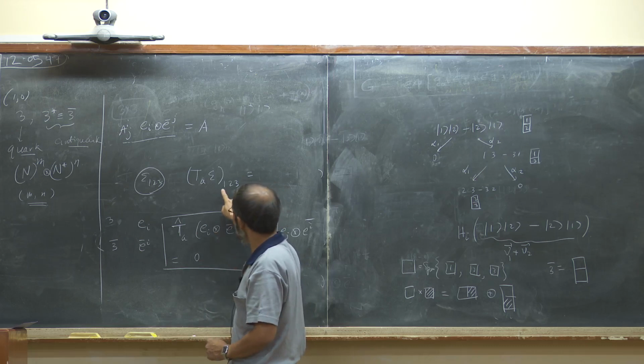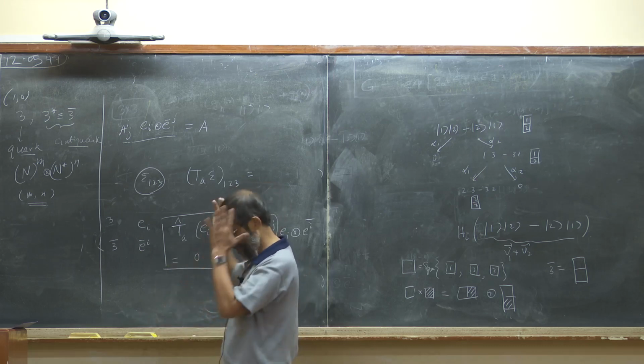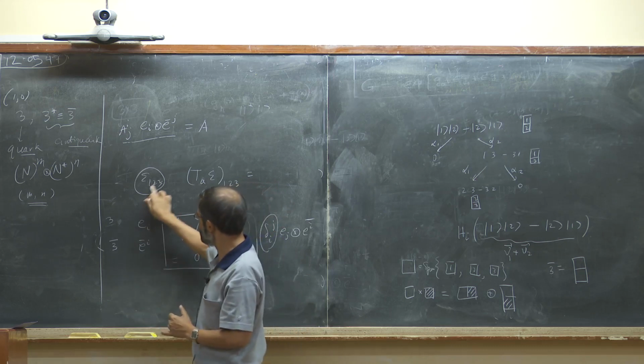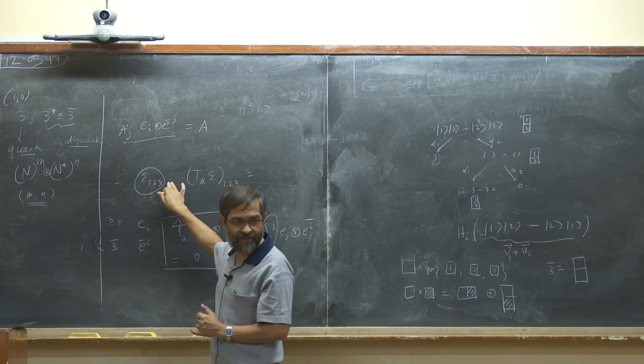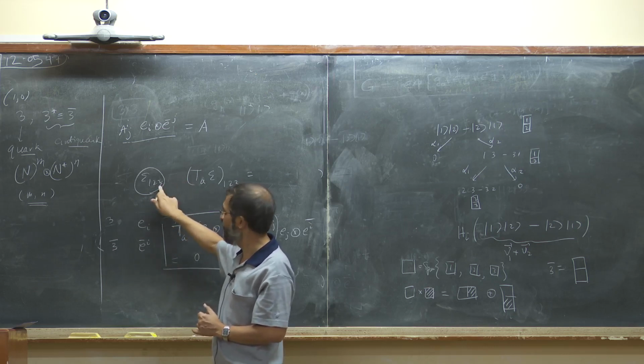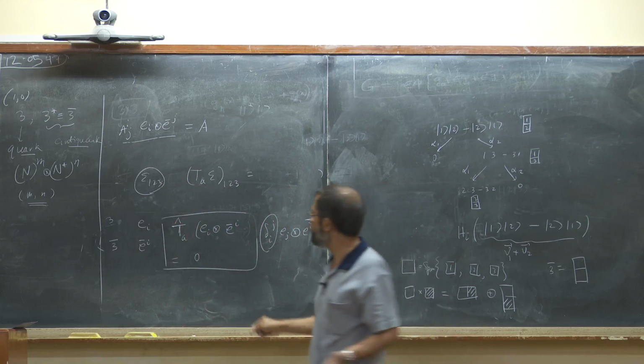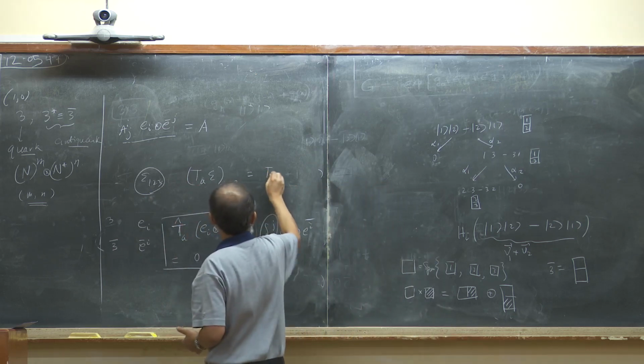I will apply the Leibniz rule to the indices, because each index is actually multiplying some basis vector, the first, the second, and the third. So what will I get?